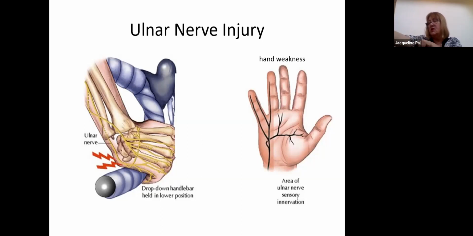So it starts anteriorly, goes behind your elbow to get around your elbow, and then it comes back anteriorly right down in this area. And so if you're leaning on your bicycle handlebars, you can get weakness of hand muscles, plus you can get a decrease in sensation for your 1.5 digits. And remember that that's going to be a sensation defect, not only on the anterior surface, but also on the posterior surface.